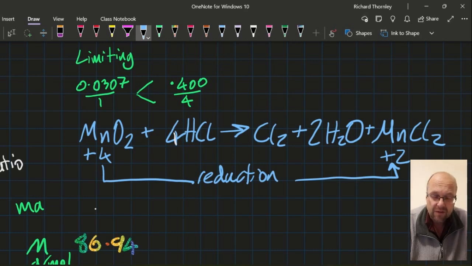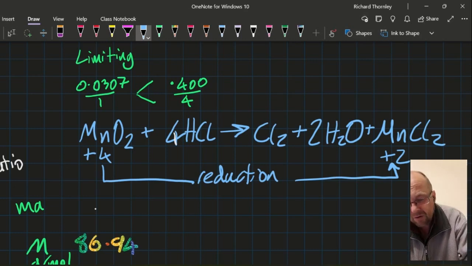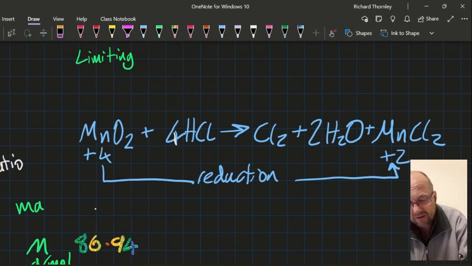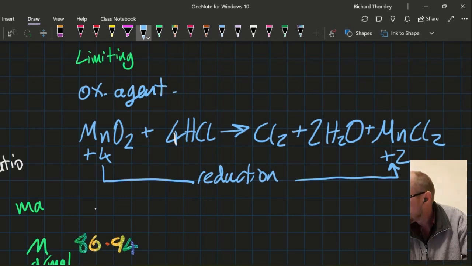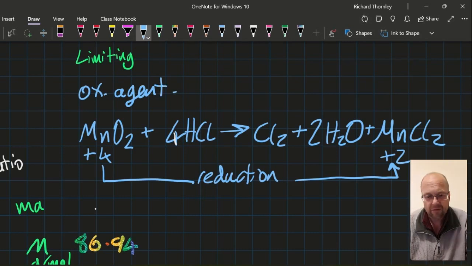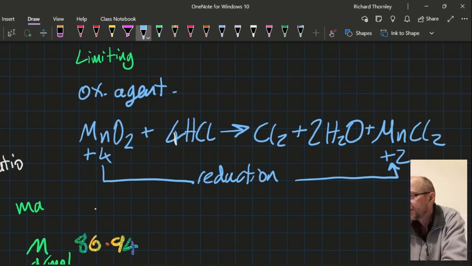So that must mean that the MnO2 is the oxidizing agent. What's the question? Yeah, there we go. It's the oxidizing agent because the oxidation state goes down. Is that enough? Yep. Oxidation state goes from 4 to 2, decreases. Lovely.